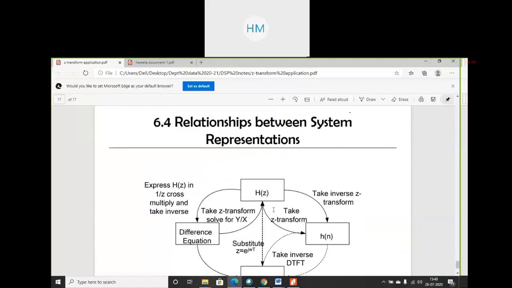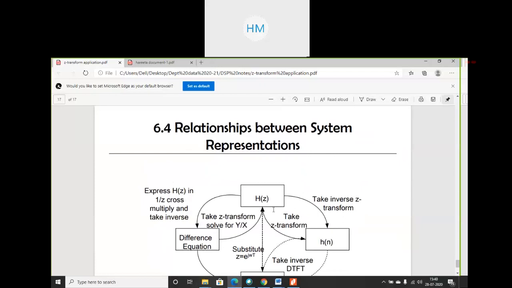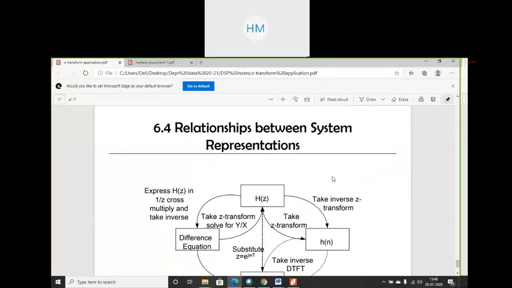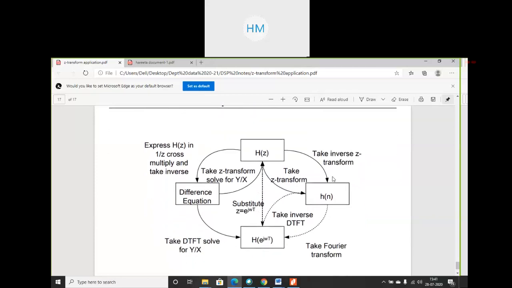Now, the relationship between system representations, a very important thing. I am considering here DTFT and Z transforms, and how we can find one from the other.